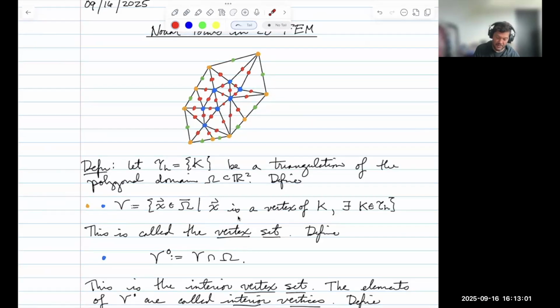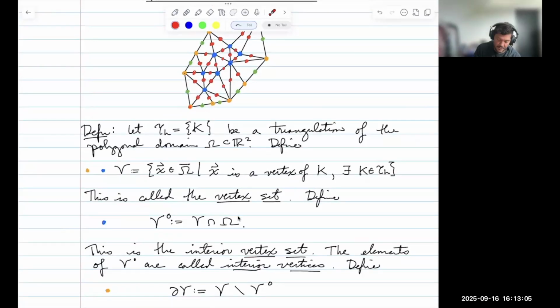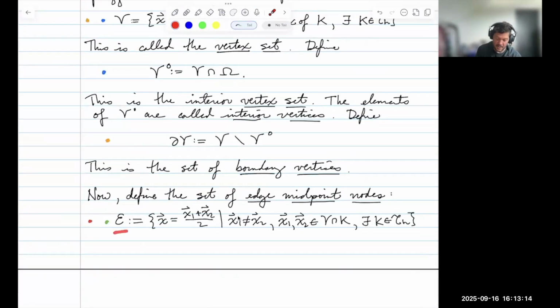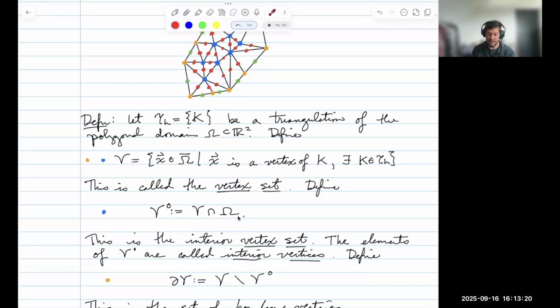So the set of all those red points and also these green points, because we're not restricting ourselves at all in the way we're defining this, is what we call this set E. So the red and the green points. Now, of course, we can go through the same playbook.